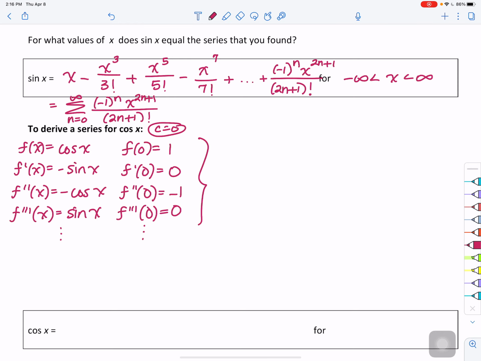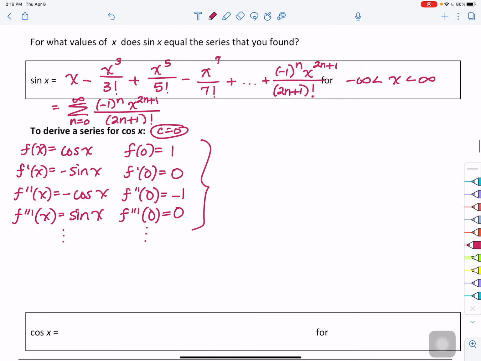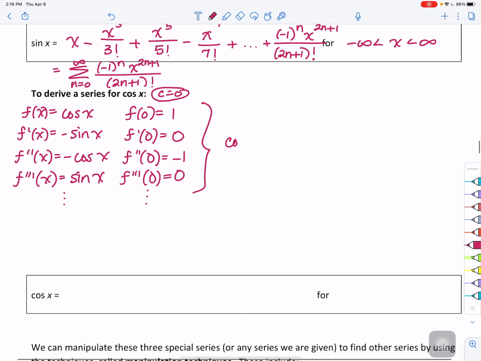So let's see what we have here. We're going to say here that the cosine of x is equal to, remember we always grab that first term right there, f at the center.